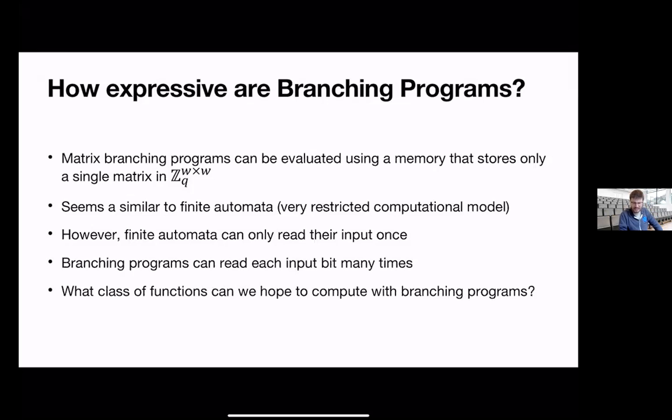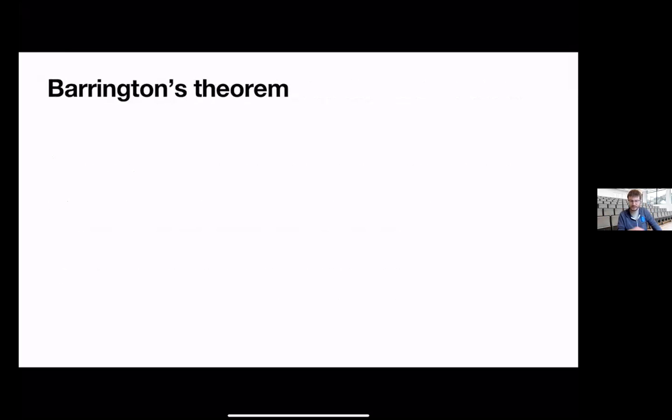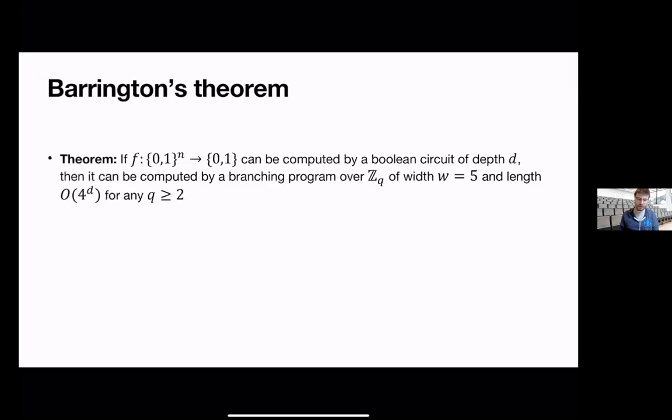But now the question is, okay, they seem to be more powerful than finite automata, but what class of functions can we hope to compute with branching programs? This already leads us to Barrington's theorem, which we're gonna go into.